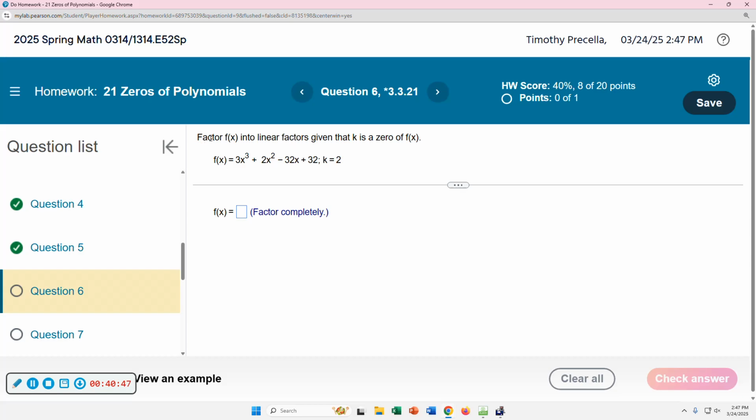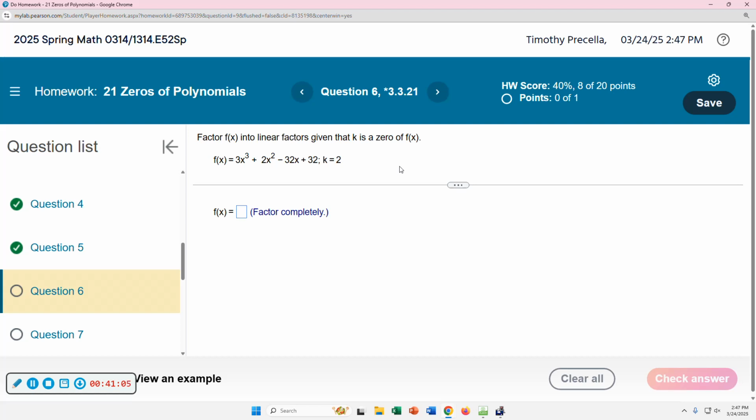Now you're going to have to remember how to factor trinomials, that trial and error method. All this is going to do is break down the polynomial until you get a quadratic expression that you can factor by trial and error or reverse FOIL, whatever you want to do.